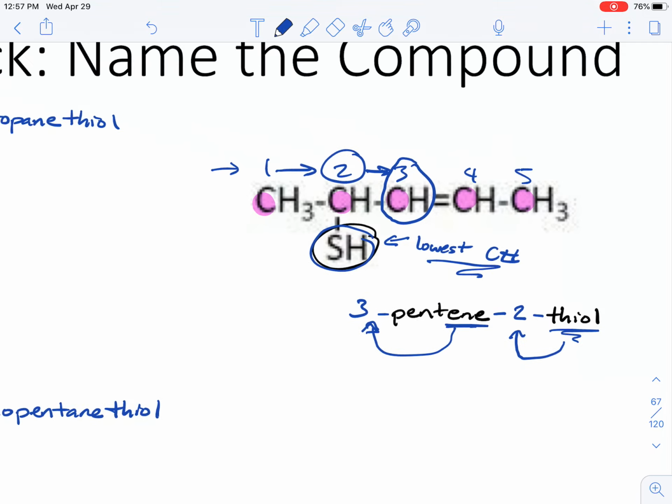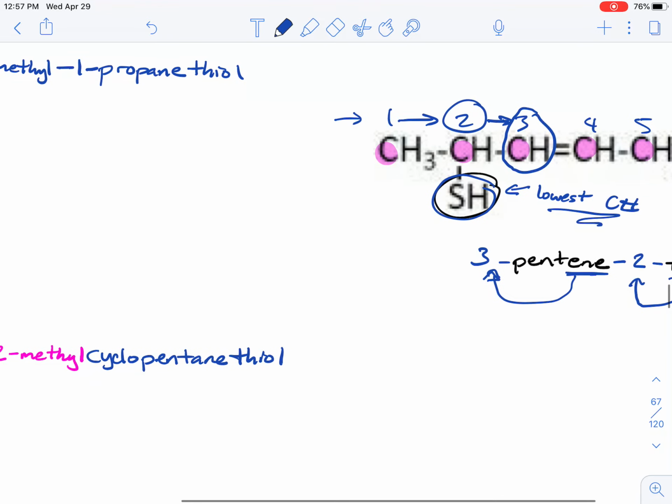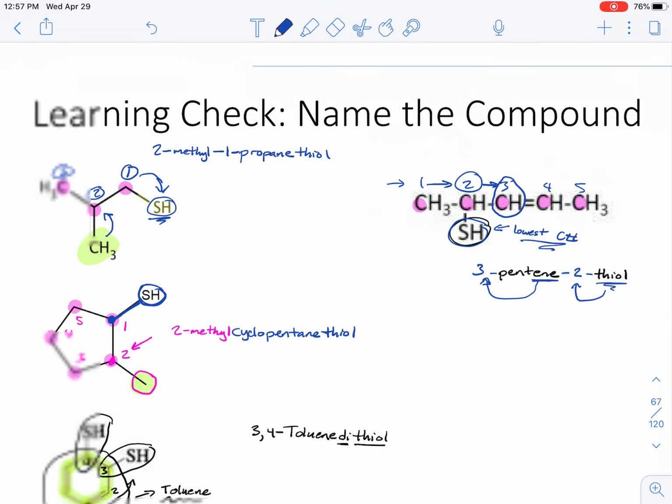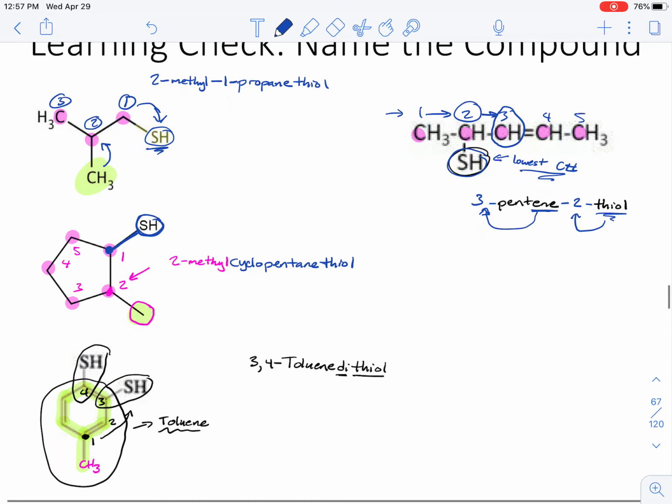So hopefully after going through those brief examples, you guys have an idea of how to name these sulfhydryl groups under different situations, right? So the first one, it was just a typical alkane. The second one was a cyclic ring. The third one was a benzene ring. The fourth one involves a double bond.